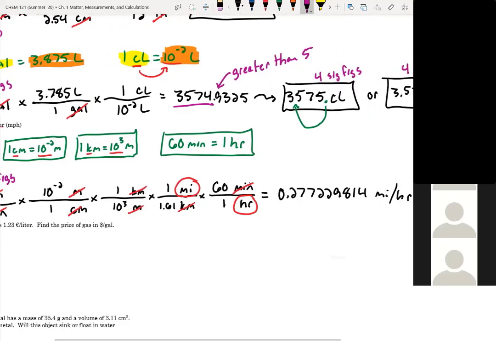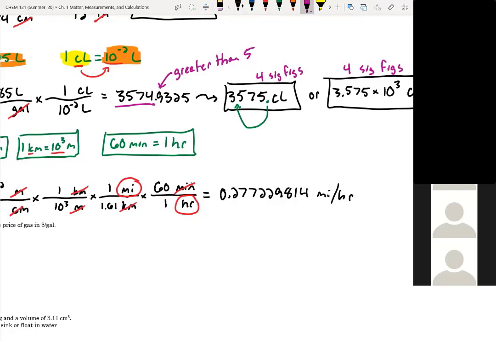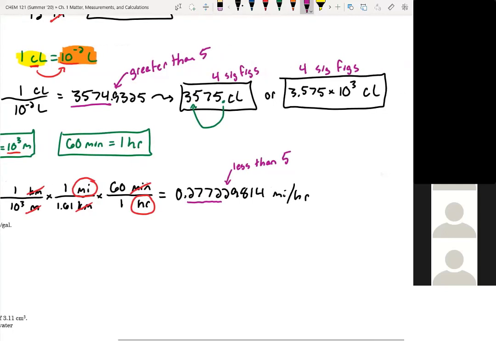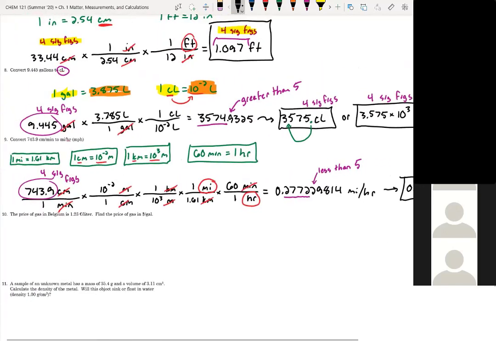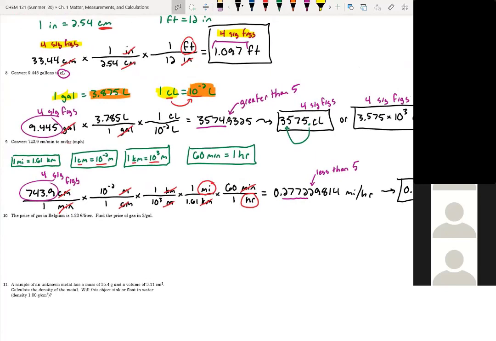So let's pick the 4 sig figs here. So these would be our first 4 sig figs. This one is less than 5, so we don't really need to worry about rounding up. So I would just go ahead and change this to 0.2772 miles per hour. Does this make sense? I know this one was arguably the hardest.